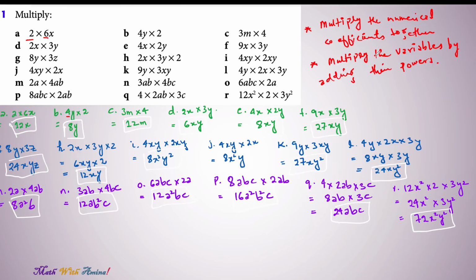In here we are not multiplying the variables by adding their powers because we are only having one variable. If we have more than one, then we apply the second rule, just as in the fourth one, 2x multiplied by 3y. So the coefficients will get multiplied together. In here 2 is the coefficient of x, 3 is the coefficient of y. So 2 multiplied by 3 is equal to 6.